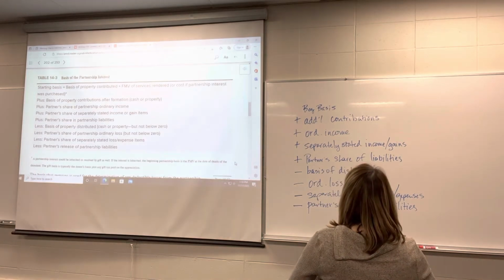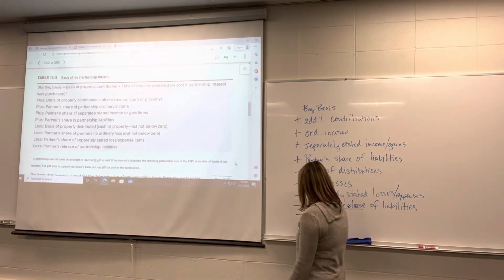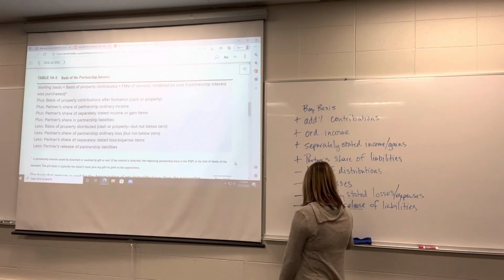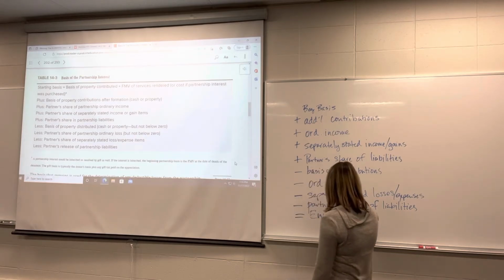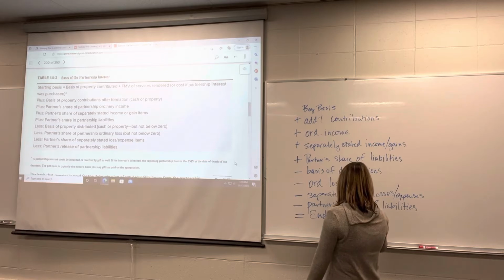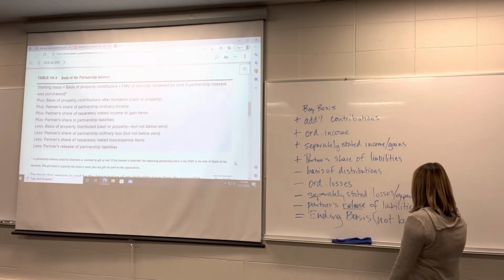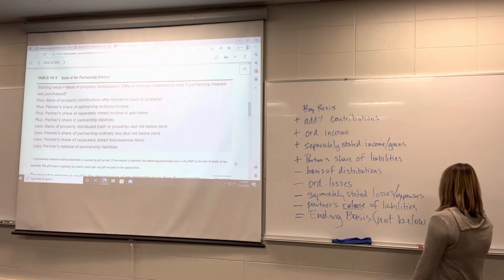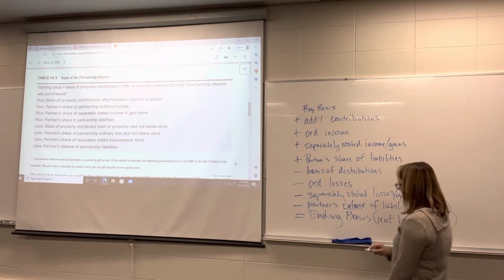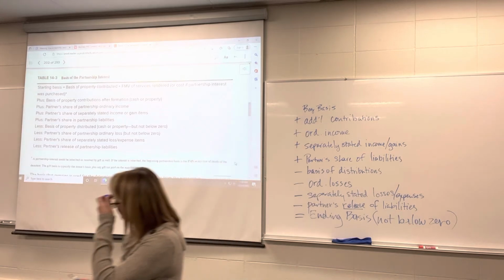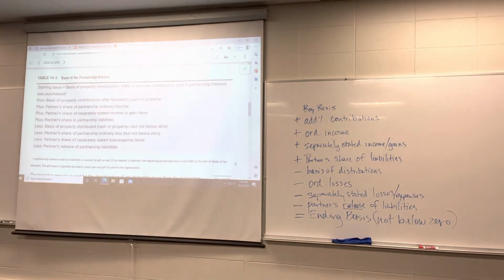So these are the things that affect basis. So after all this, ending basis, but this is not below 0. Can't go below 0. Right? So these are the things that would affect our basis.